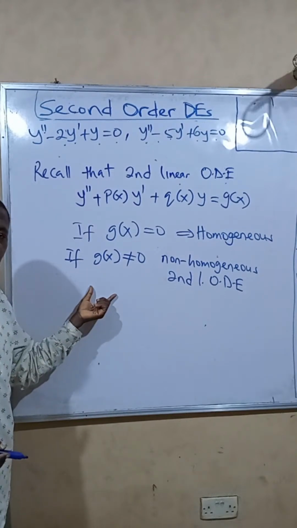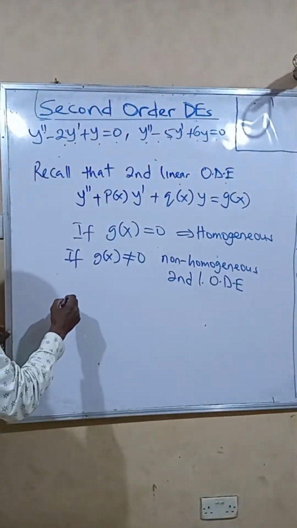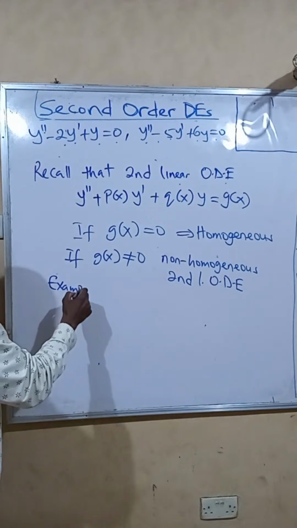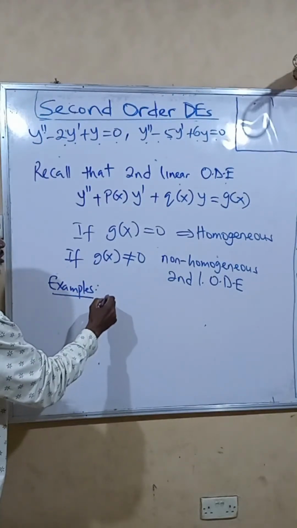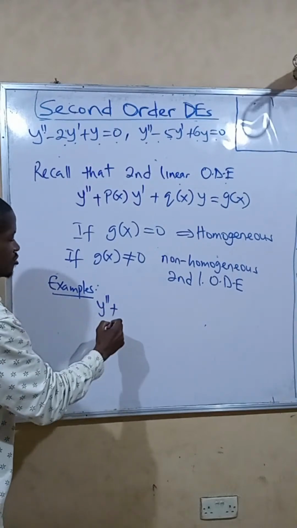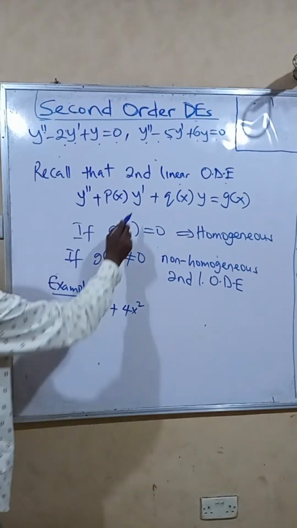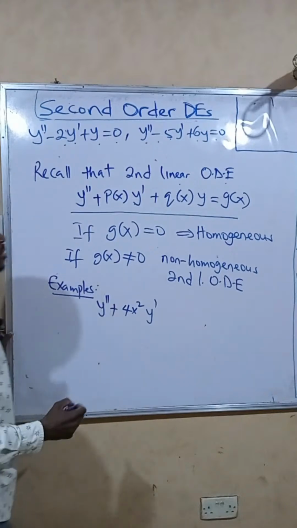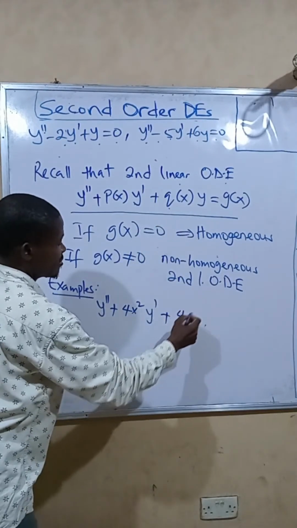Let's look at examples to explain homogeneous differential equations. Let's see this first one. If you have, for example, y double prime plus, let's say, 4x squared y prime, following that format, then plus your q of x. Let's imagine we have 4x.